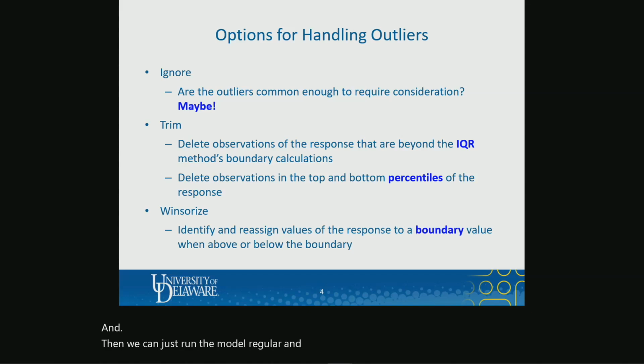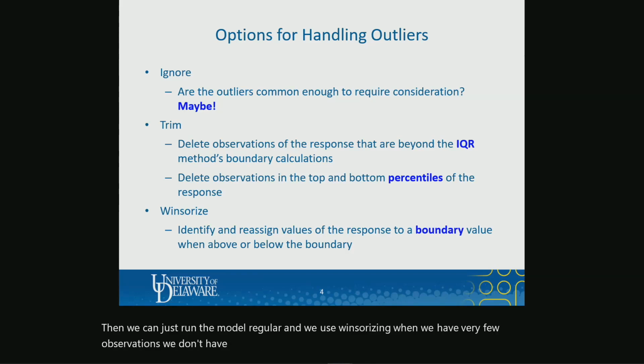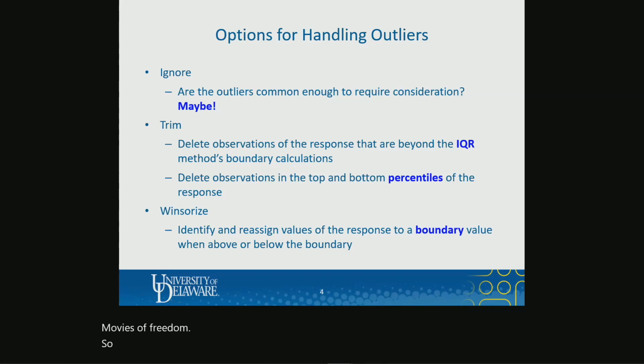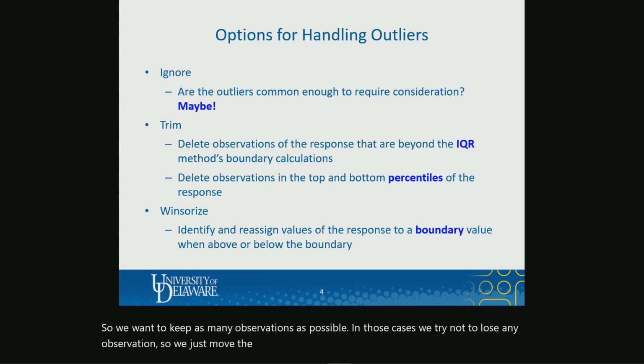And we use Winsorizing when we have very few observations, we don't have a large data set, and we are short of degrees of freedom. So we want to keep as many observations as possible. In those cases, we try not to lose any observation. So we just move the observations around to not bias our estimations.